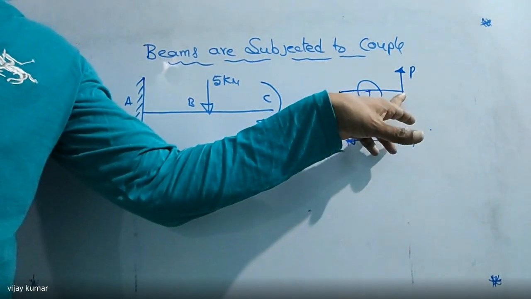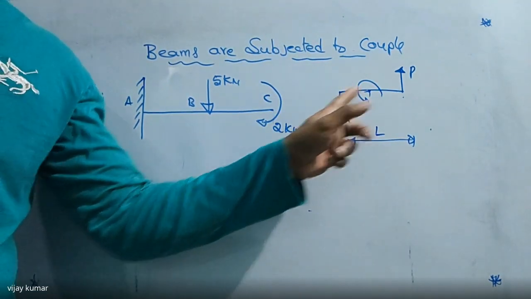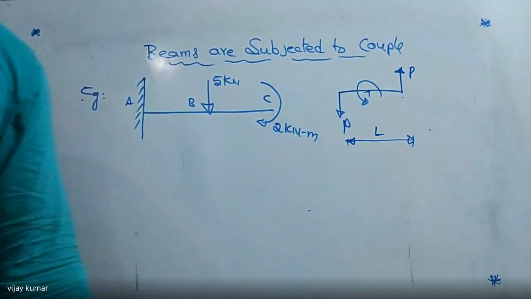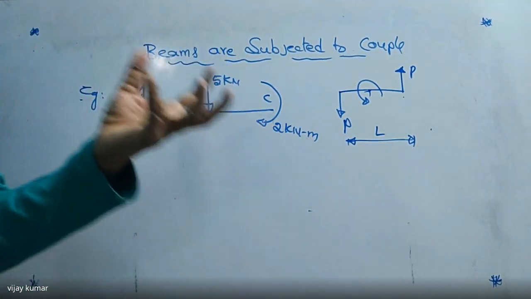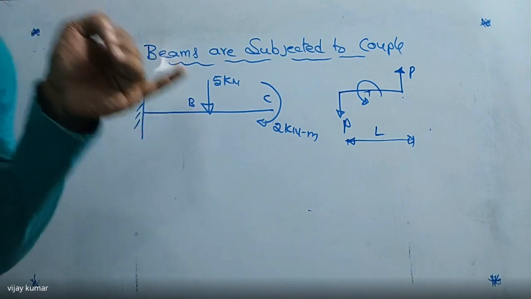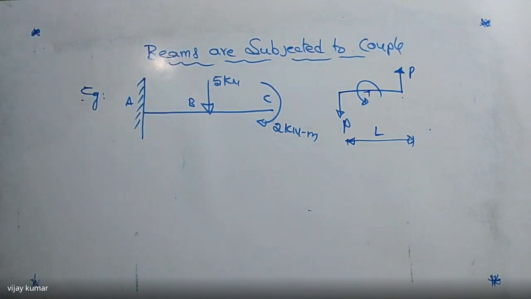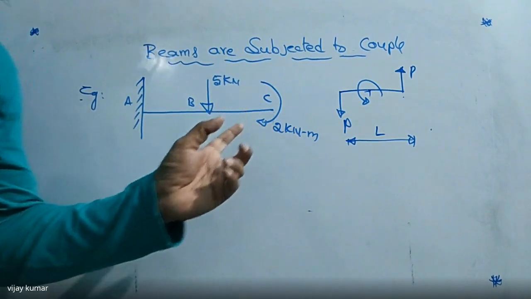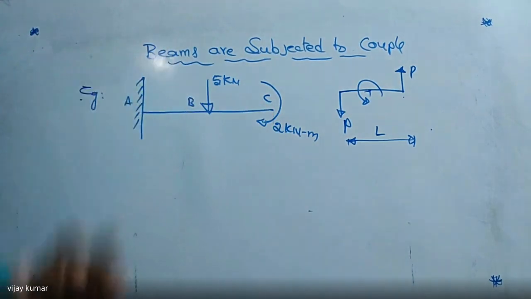If you take the bending moment of this force with respect to this one, or of this one with respect to this one, we get the same value. So I am also saying it like this: couple is nothing but the bending moment of individual forces acting at a point. It is like a bending moment.